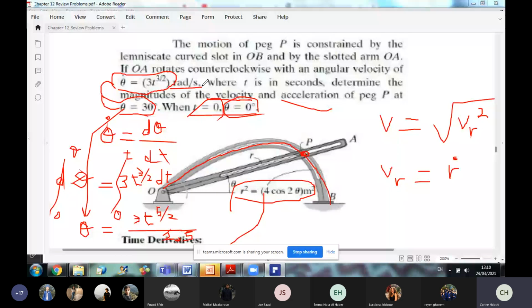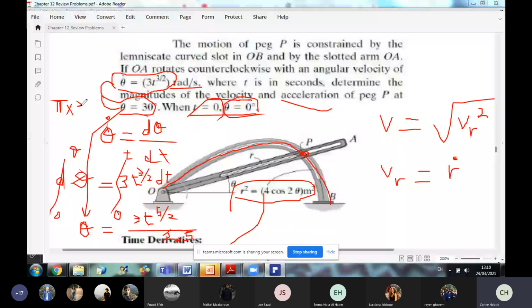So the value of theta in the equation is in radians. All you have to do is convert from degrees to radians, because pi radians corresponds to 180 degrees. To find the angle corresponding to 30, multiply pi by 30 and divide by 180. So here it's pi over 6.